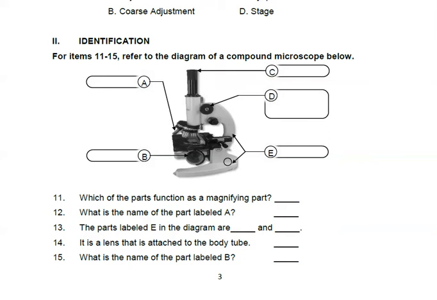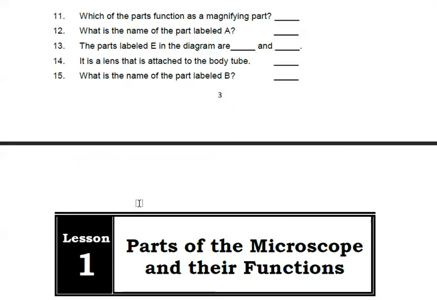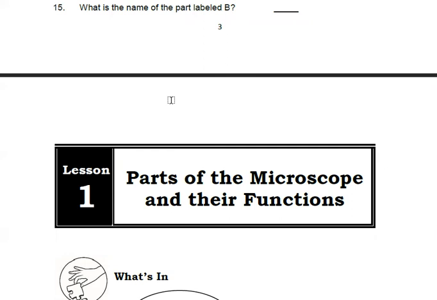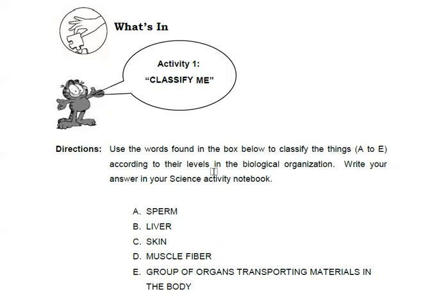For example, which of the parts function as a magnifying part, you write the letter. What is the name of the part labeled letter A? So just write it down. On your answer sheets, you have enough space there to write your answers. And so on. And let us continue.